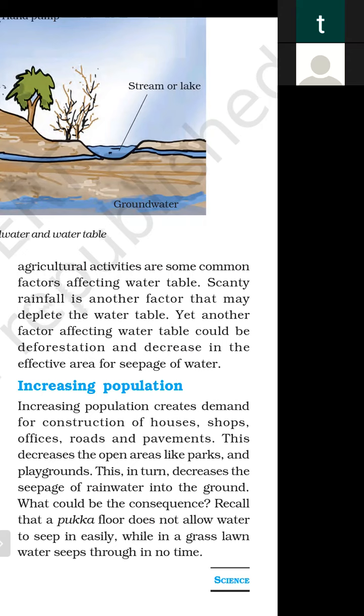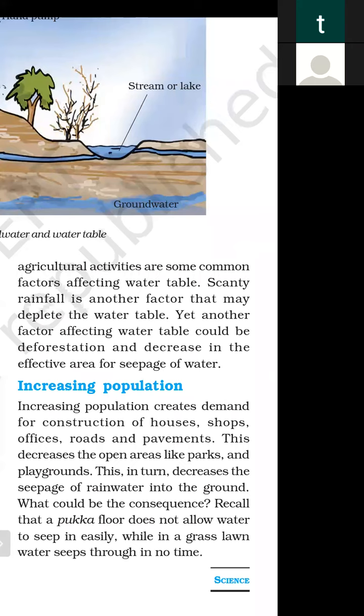Yet another factor affecting the water table could be deforestation and decrease in effective area for seepage of water. Deforestation also affects rain. If there is less rain, there is less seepage of water into the ground, and the level of the water table goes on decreasing.